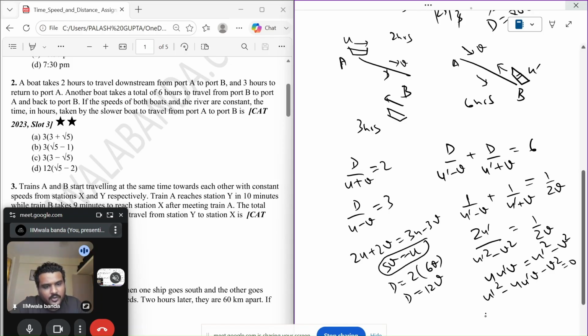Okay. So you know u dash will be minus b plus minus root b square minus 4ac. C is minus v square. So this is basically 4v plus minus root 16v square plus 4v square, 20v square, upon 2a.